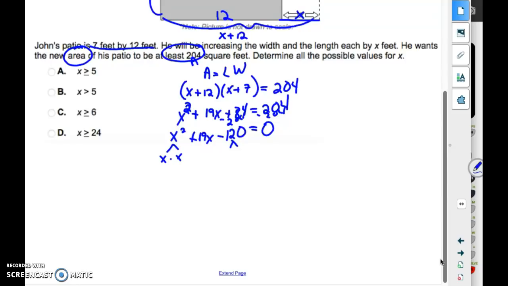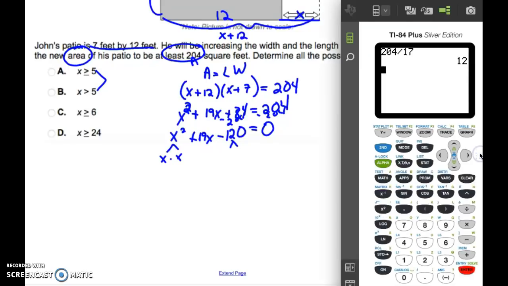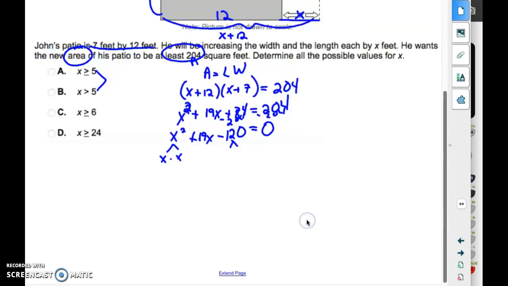So I'm going to guess and check using my answers. I noticed there happened to be 2 5s, so I'm going to see what happens when I divide 120 by 5. Well, that's 24, and 24 and 5, if we subtract them, we get that 19. So those are going to be our answers.